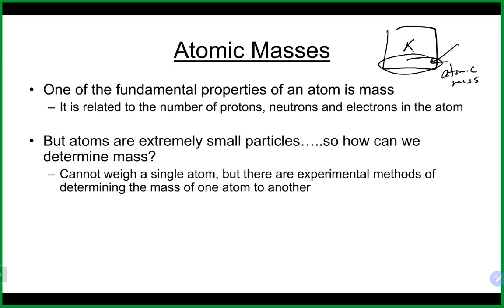Obviously, atoms are extremely small, so you can't just pick one up and put it on a scale or balance and weigh it. So a lot of times in chemistry and in science, when it's really hard to measure one thing directly, they will make something a standard and then compare everybody else to that.